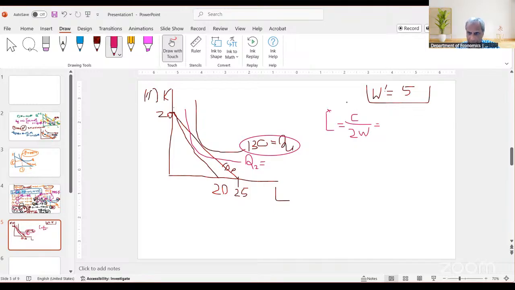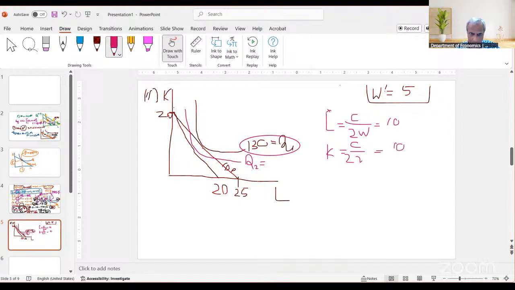Which means the C is 100, the W now is 5. The labor you can recruit is 10 units. Capital price did not change, so capital is also 10 units.